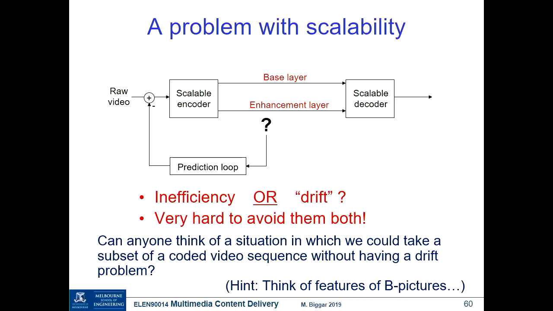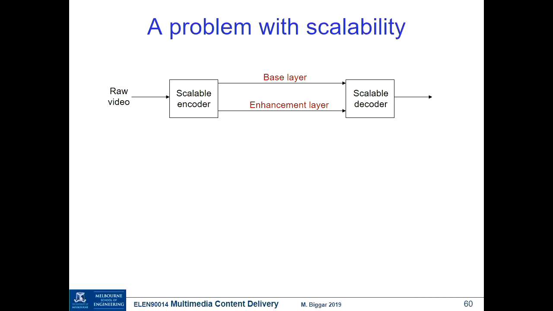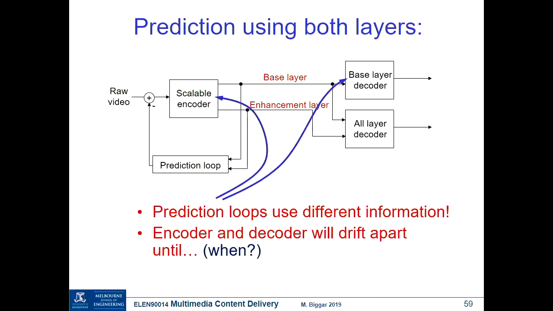So I'm not quite sure why it will drift when we use the enhanced layer. The problem is prediction. This guy here is doing prediction using the enhancement layer, right?